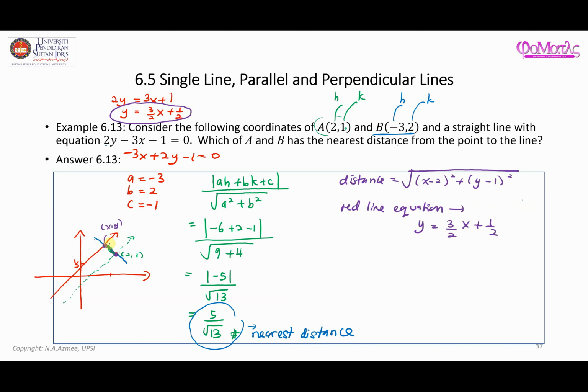We've got the equation. How about this blue one here? What's the equation of this blue one? Can you construct the equation of this blue line here?